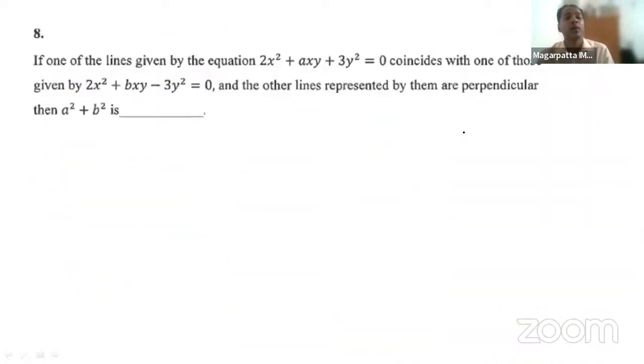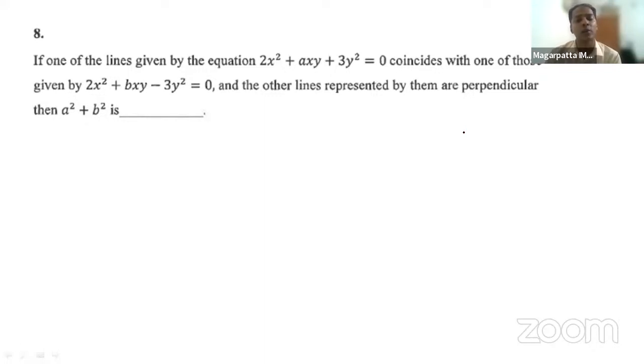If one of the lines given by the equation coincides with one of those lines given by this, and the other line represented by them are perpendicular. Now, solving parabola or hyperbola or ellipse questions or set of equations questions can get a little tricky.